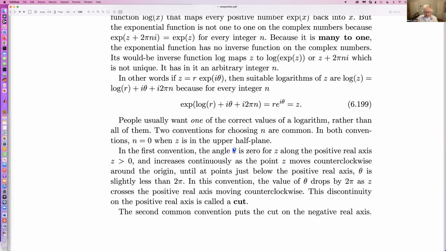In other words, all the way around, theta is almost 2 pi. So in this convention, though, the value of theta as you cross the positive real axis drops from almost 2 pi to 0, or to slightly more than 0. And so there's a discontinuity of 2 pi on the positive real axis. This is called a cut.